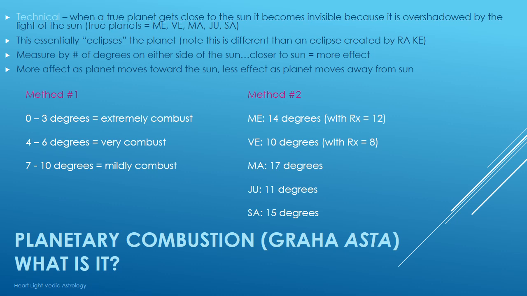So about 10 degrees is what I have in my mind. But it's not like a hard stop or a hard start, not a crisp thing when we're looking at degrees, but just to give you an indication when you're looking at a chart by eyesight, or if you're actually calculating these things, what to look for. So that's a technical way to assess whether a true planet is in combustion or Graha Asta.